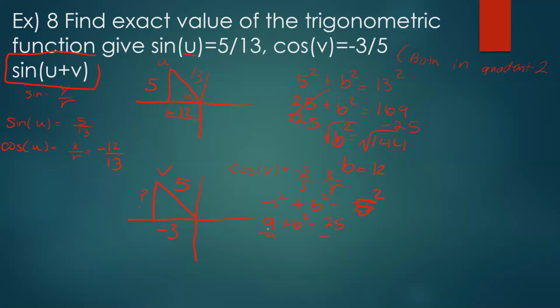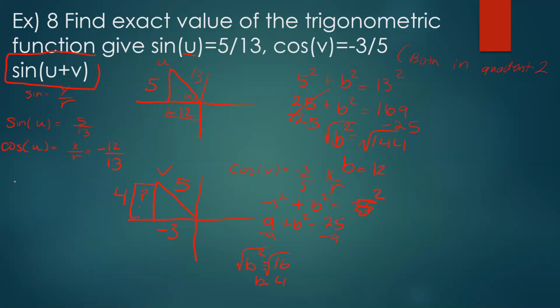Subtract 9 from both sides, and you get b squared equals 25 minus 9, which is 16. Take the square root of both sides, and you get b equals +4. So this distance from here to here is +4.